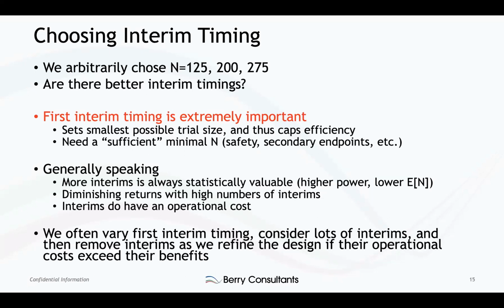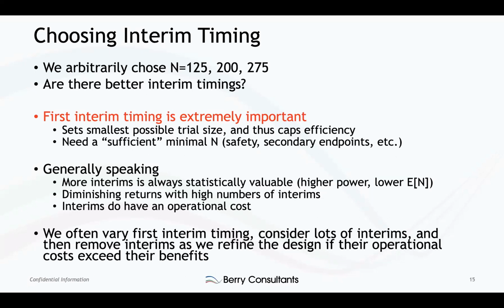While it would be nice to stop at 100 when the maximal sample size is 1,000, in practice, you just don't do it very often. And so it may not be valuable. This issue is also going to come up when I get to the bias discussion. Early interims can be prone to some bias issues, and there's reasons not to do it. But the first interim is the real decision point.